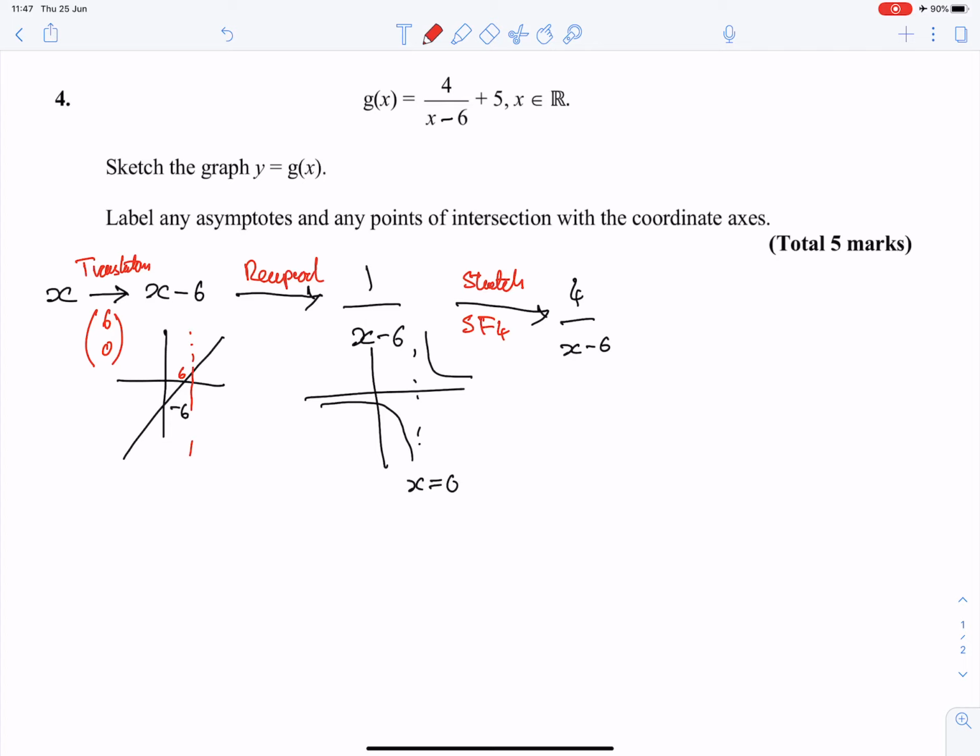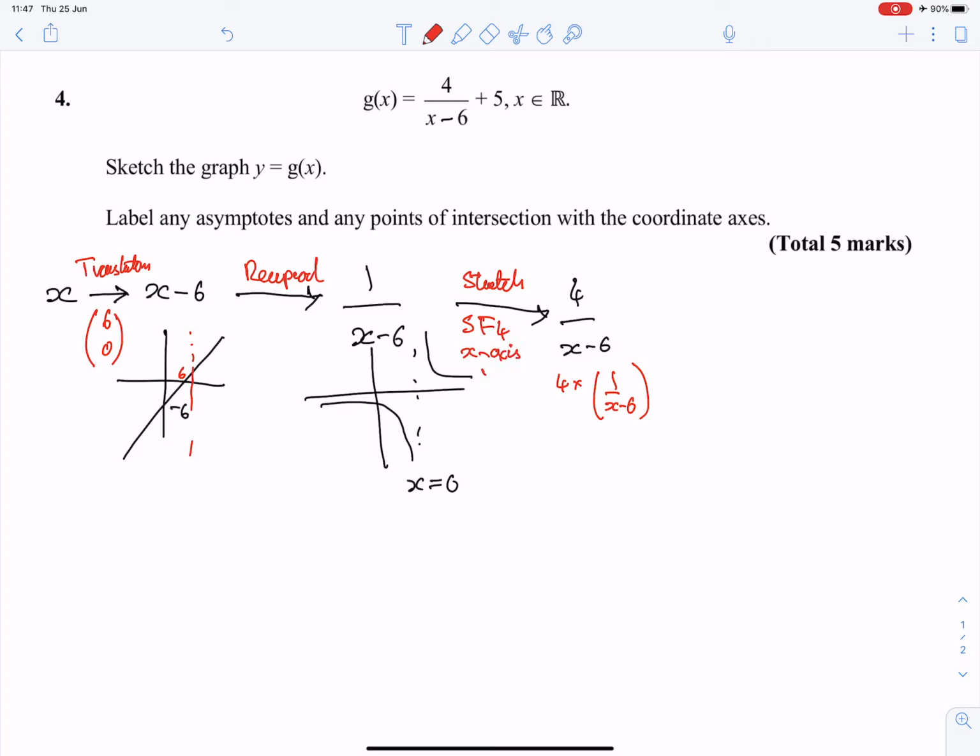And it's, if you like, outside the bit that's giving the shape. This multiplying by 4 is outside the reciprocal, the bit that's giving it shape, so we're seeing it 4 times 1 over x minus 6. So it's a stretch scale factor 4 with the x-axis invariant.